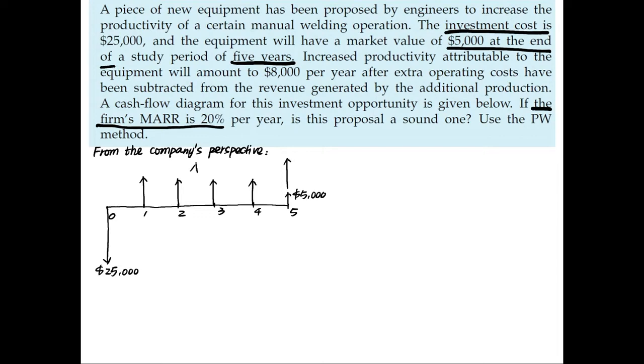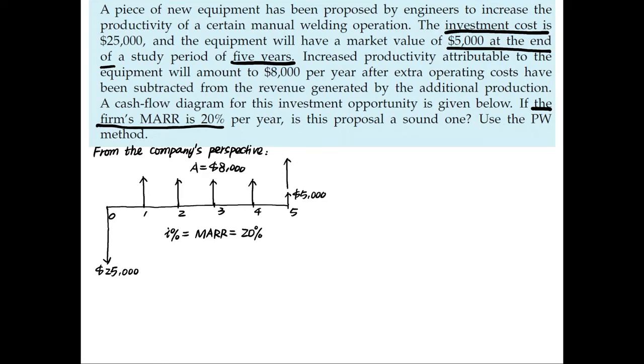So A is 8,000, and the i%, which is the MARR, is 20% per year. Okay, that's the cash flow diagram.